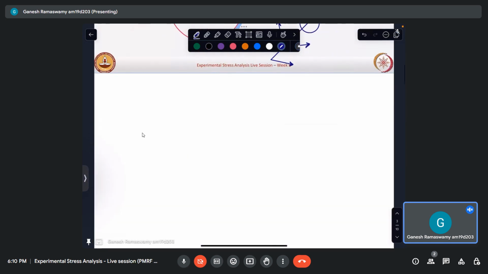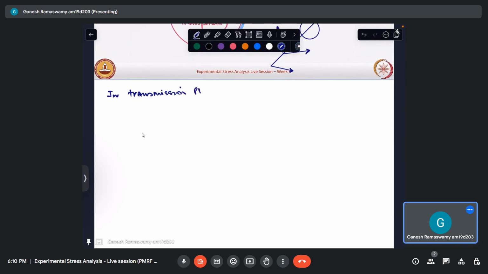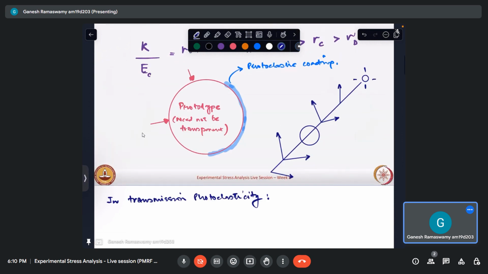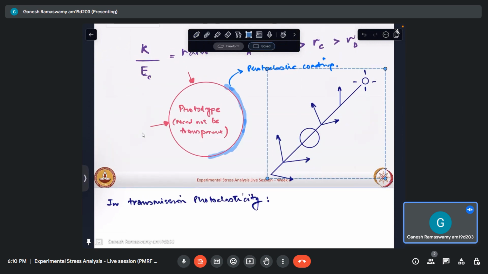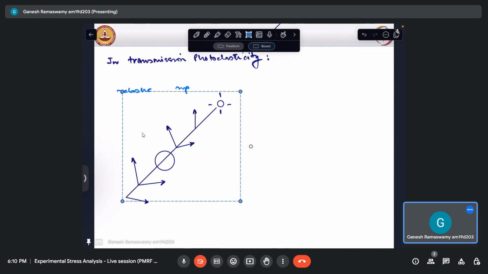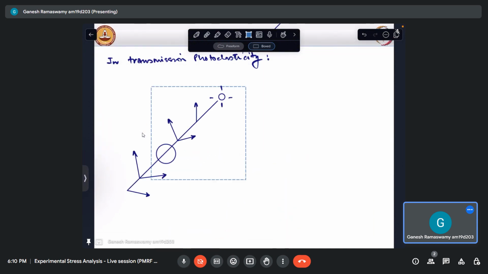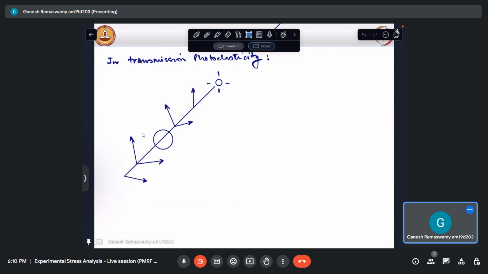Basically, in transmission photoelasticity, this was the setup, because this was transparent.